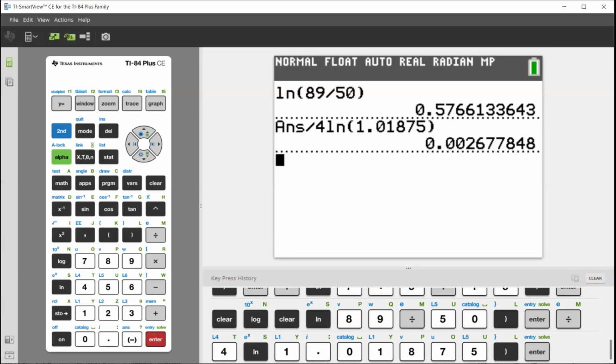Hold on. That doesn't look right. Something went wrong here. Let me look at it. It's 1.01875 to the power of 4t.